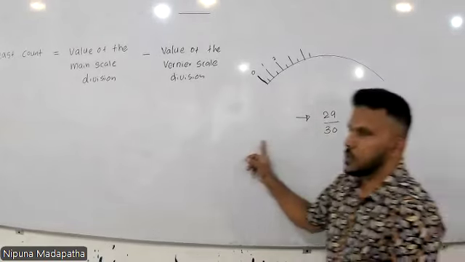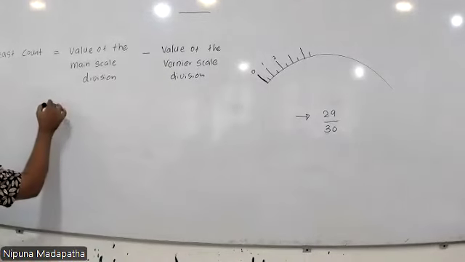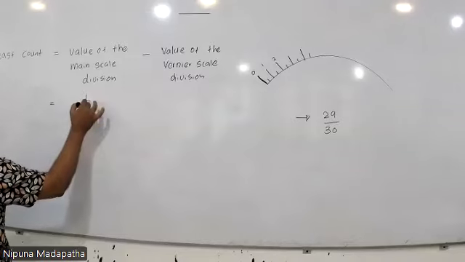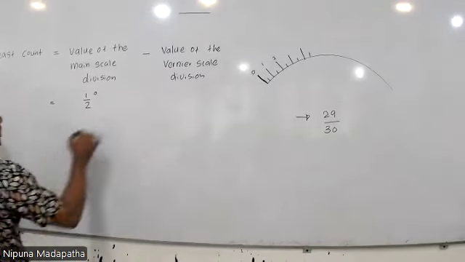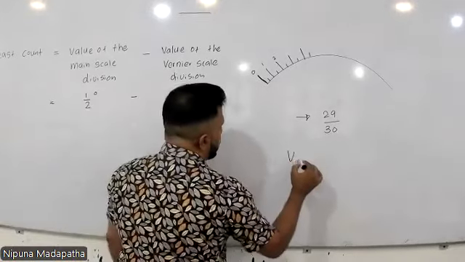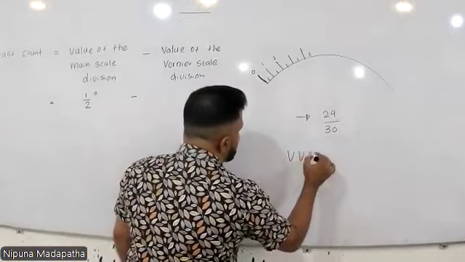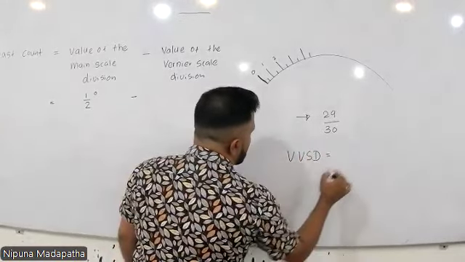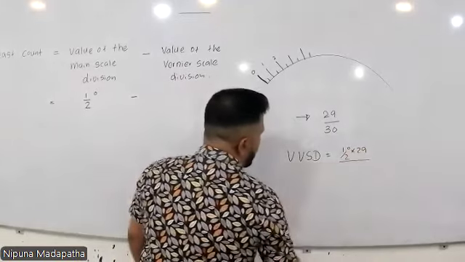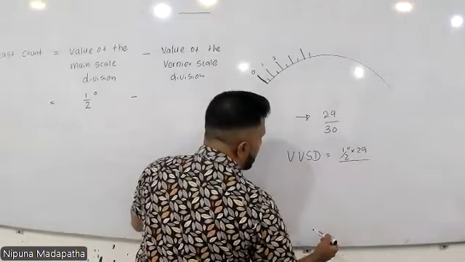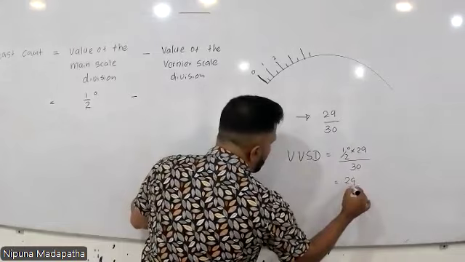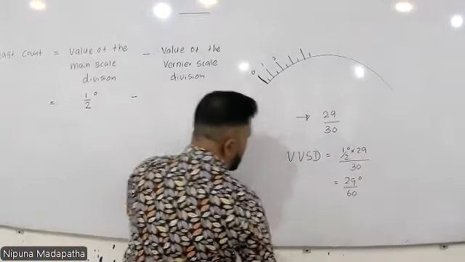So what is the least count of the instrument? The value of the main scale division is half a degree. The value of the vernier scale division is half a degree times 29, the length of the angle of the main scale, divided into 30 equal parts, which is 29 over 60 degrees.